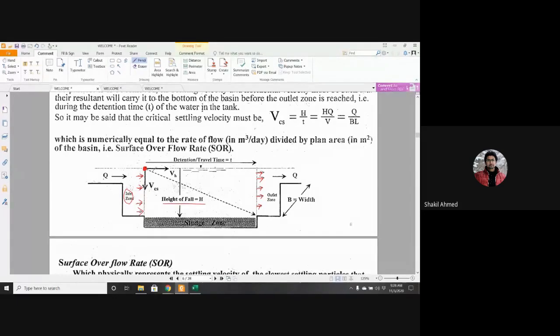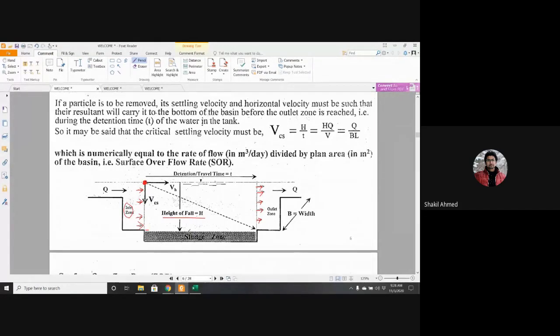From here to there is the height of the fall. Sludge zone means this particle settles down here and makes a solid or semi-solid layer. That is the sludge zone.